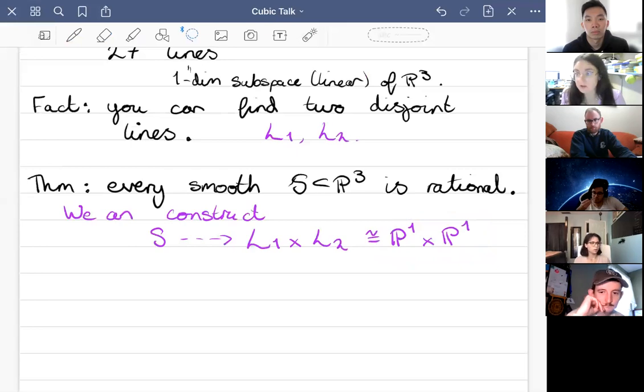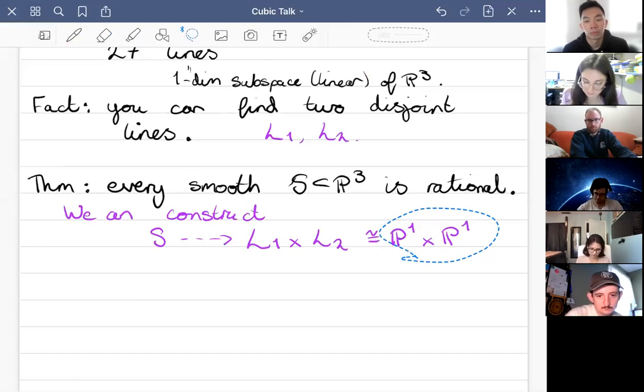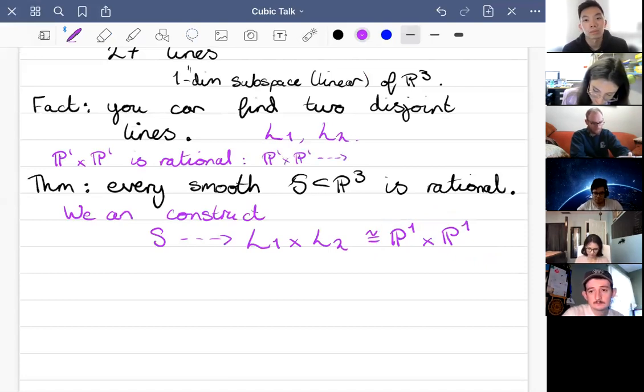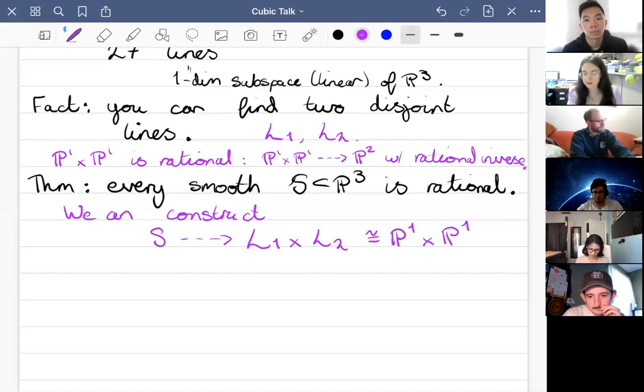And maybe because I'm running low on time, you can believe me that P1 cross P1 is also birational to P2. So maybe let me just write that here. P1 cross P1 is rational. There is a map from P1 cross P1 to P2 with a rational inverse. And so we'll get a rational map from S to P2 just by composing the two maps together.